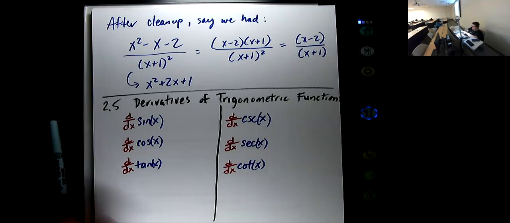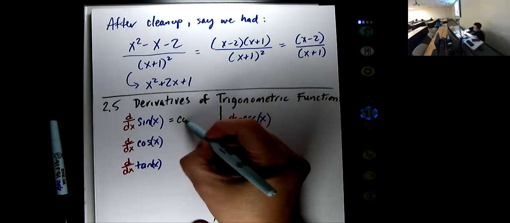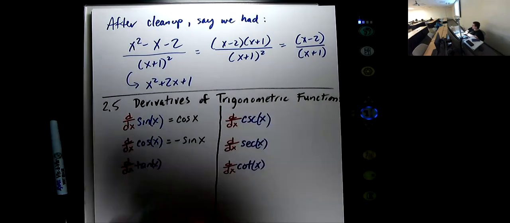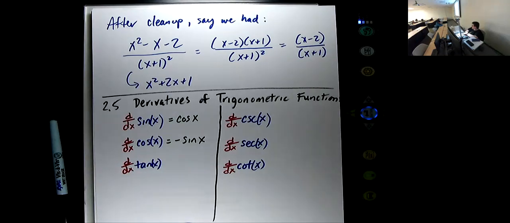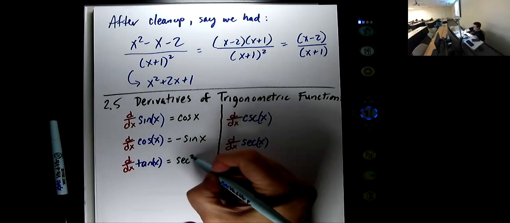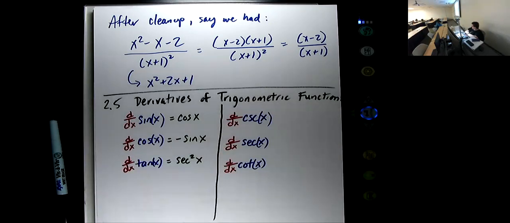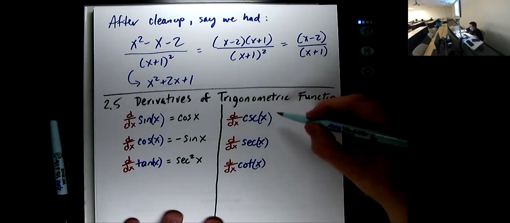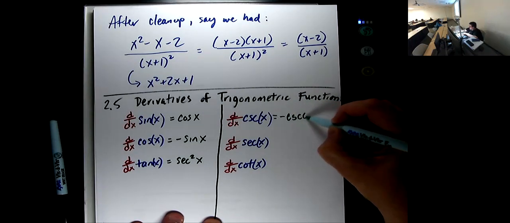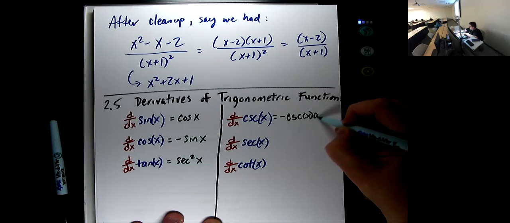The derivative of sine x is cosine x. That's fucking handy. And the derivative of cosine x is negative sine x. Derivative of tangent x is secant squared x. Here's a fun one. Derivative of cosecant is negative cosecant cotangent.